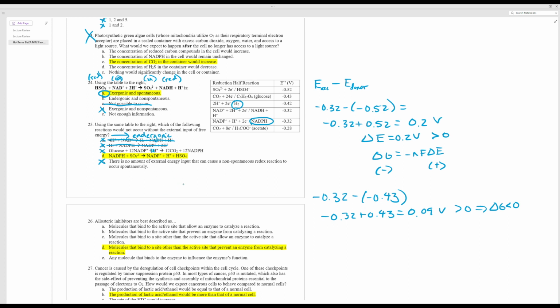So our acceptor is negative 0.52 minus our donor, negative 0.32. Same thing as negative 0.52 plus 0.32, which is equal to negative 0.2 volts. So our delta E is less than 0, which means our delta G will be greater than 0, which means it's non-spontaneous.